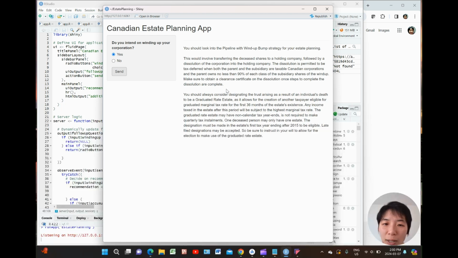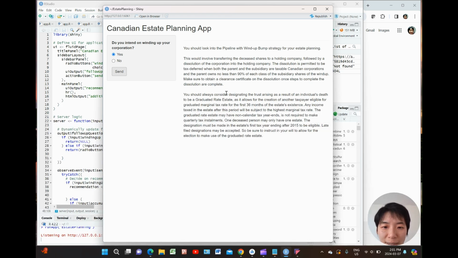And one important thing to wrap up this whole process is to obtain a clearance certificate on the dissolution once all the steps to complete the dissolution are complete, so that everything's cleared with Revenue Canada, so that there's no outstanding items on the tax end to cover with the tax authority.